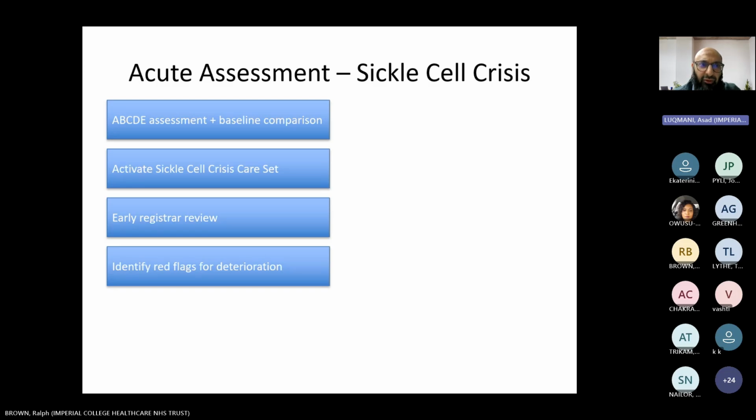So they should undergo a full comprehensive ABCDE resuscitation type assessment to determine whether there are any concerning or red flag features, and they should be reviewed urgently by a senior member of the hematology team, a registrar, and any red flags indicating something more complicated than a painful crisis alone should be identified at that stage. Next slide, please.